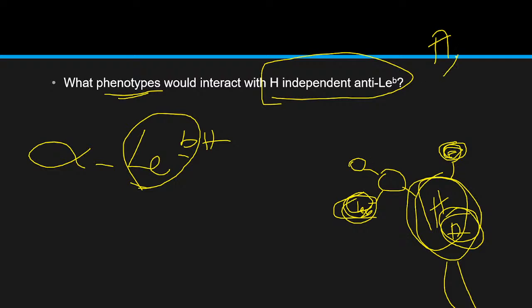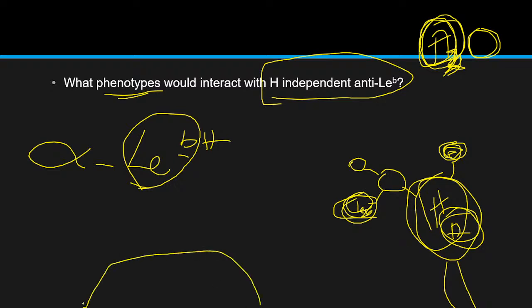What other blood type? Oh, now I want to be specific. Hindi lang siya A, specifically A2. Why? It will react strongly with A2 because there is less of the A antigens.